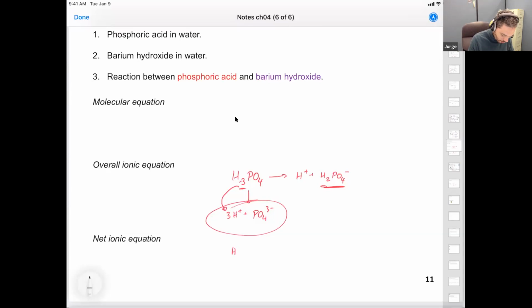So it's not correct to represent something like that because that's telling us that we are forming a structure with this shape here, which is not correct, okay? What we are forming is 3H plus ions. So therefore, the index becomes the stoichiometric coefficient.